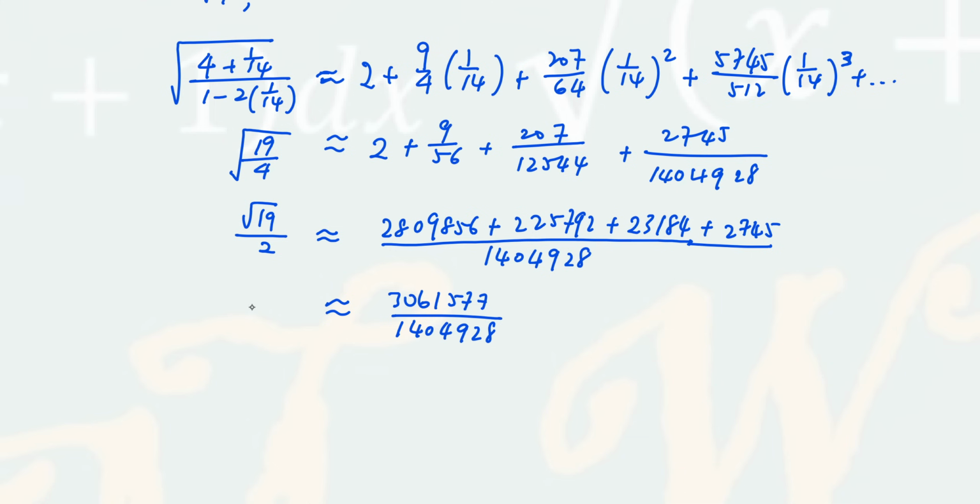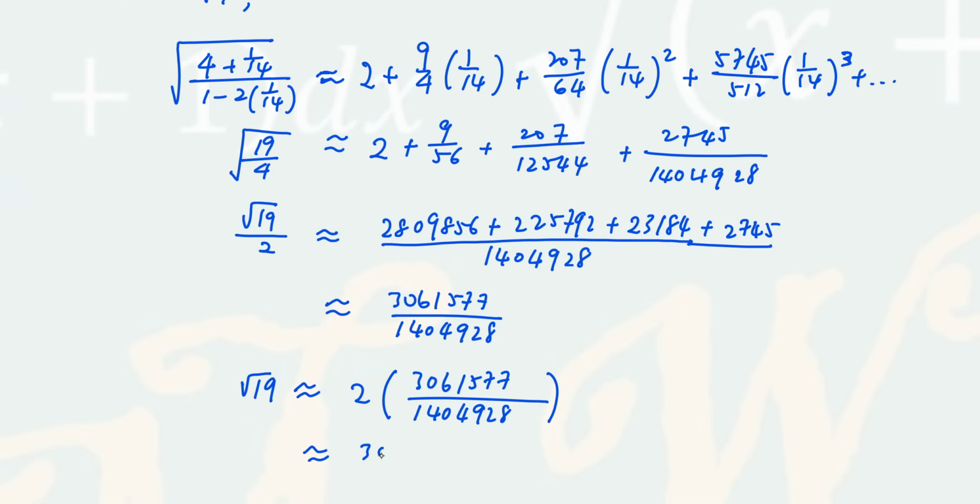Or you can say I multiply the whole equation by 2. So square root 19 is approximately 2 times 3061577 over 1404928. Then now, when you simplify, this is going to be 3061577 over 702464.